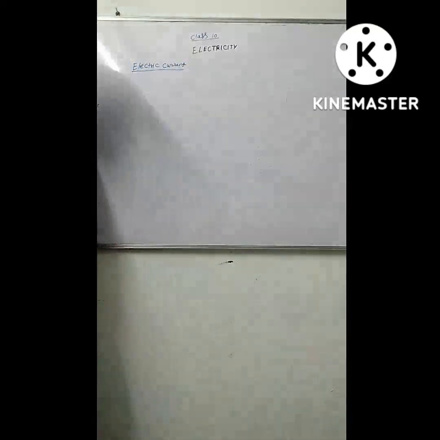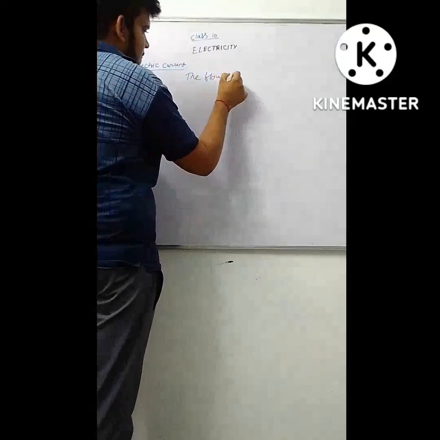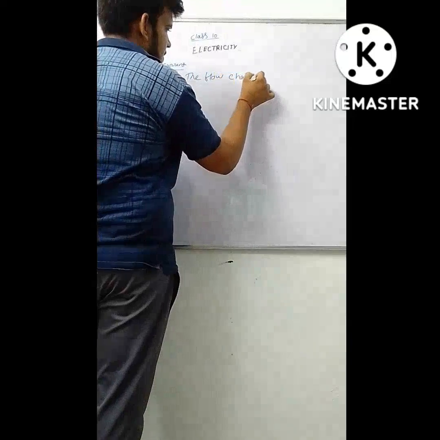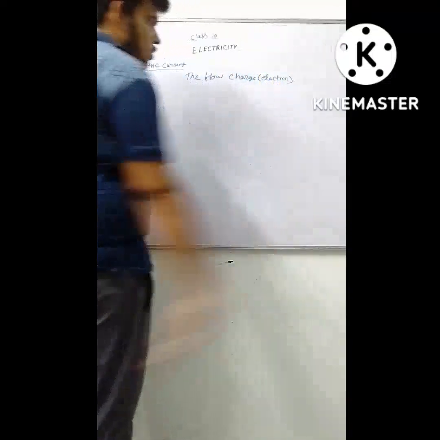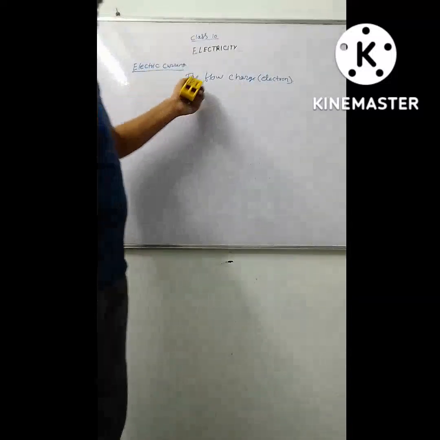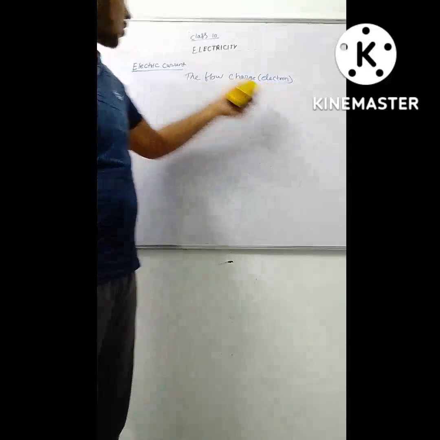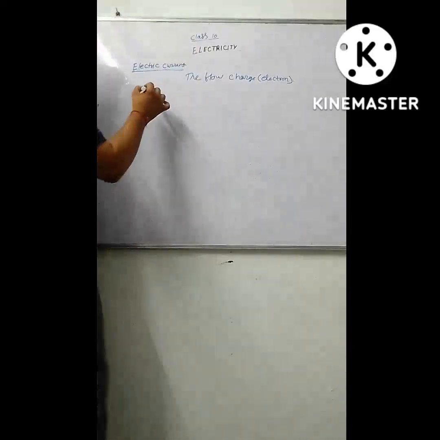So, as we discussed, what is electric current? The flow of charge or electron is called electric current. That is the basic definition of electric current.